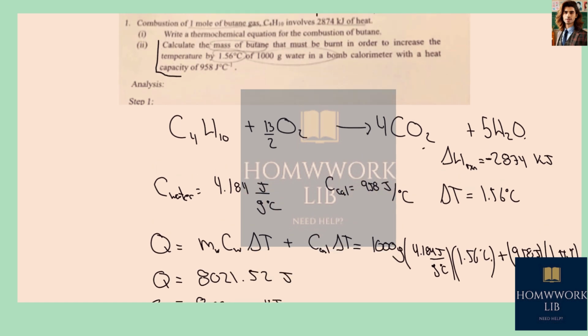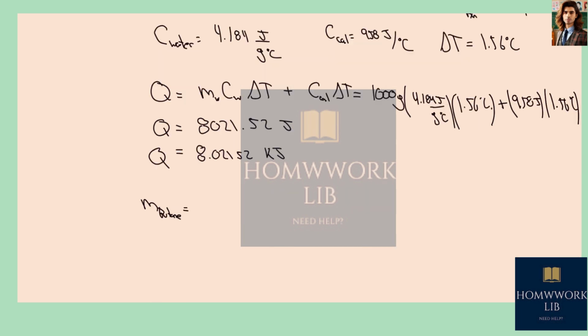The information is that C4H10 has a molecular weight equal to 58.12 grams per mole. This is going to be the molecular weight of butane, and we're going to use this as part of our information. So we're going to require 8.02152 kilojoules in order to increase the temperature of water by this amount.